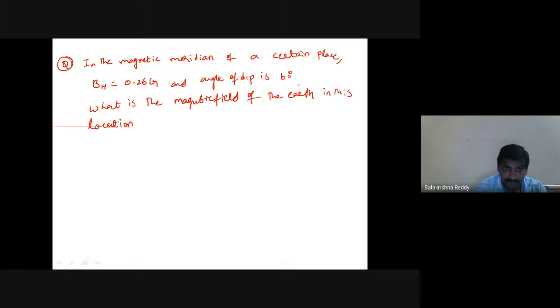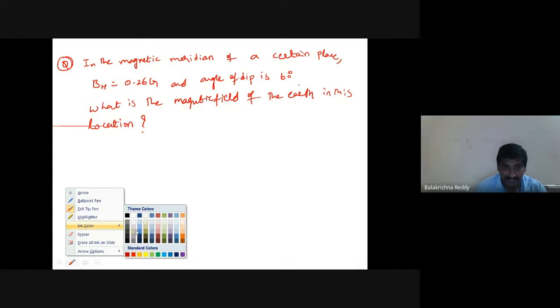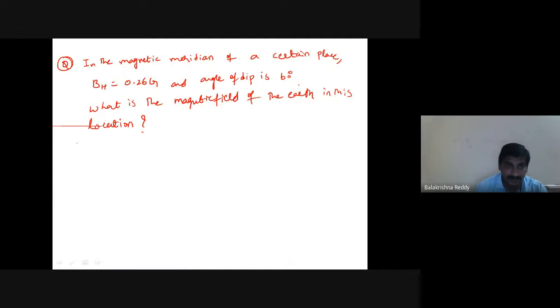Now, what are the given things? First, we need to write them clearly. It is understanding from the concepts we discussed till now. We write BH equal to 0.26 Gauss and theta equal to the angle of dip, 60 degrees.